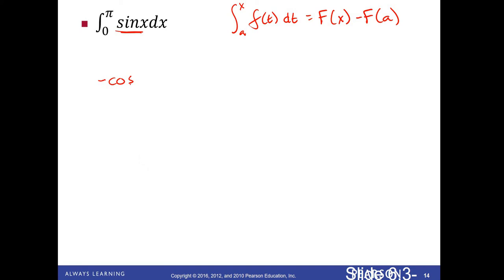So negative cos of pi minus negative cos of 0, using my two limits of integration. The cos of pi is negative 1, so negative of negative 1 minus negative of the cos of 0, which is 1. That gives me 1 plus 1, I'm a step ahead of myself, which is 2.